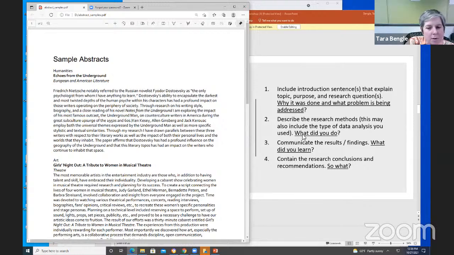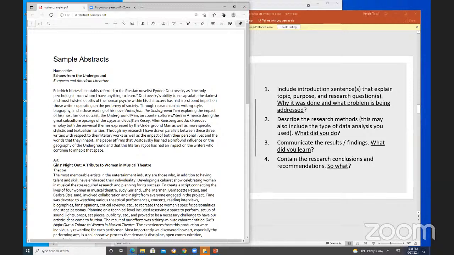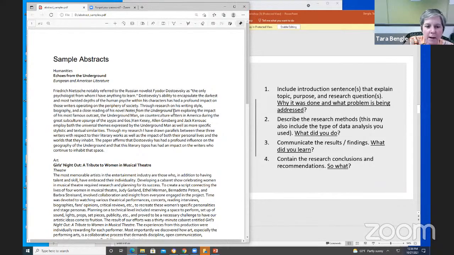In looking at my prompt over here, when it says, what did you do? That might be better: how did you do the research? So I think if we just look at that, I'm exploring the impact. I think that does answer that question, what did you do?